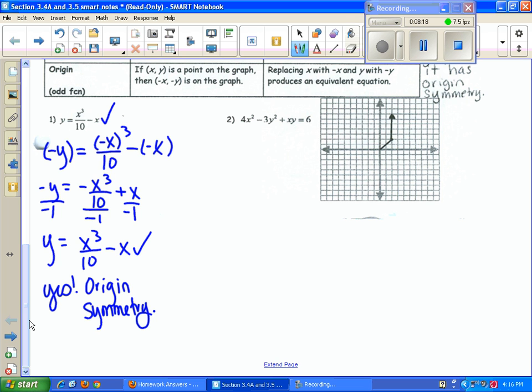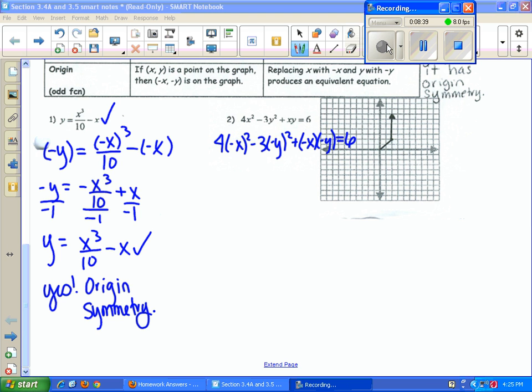So let's go ahead and do number 2. I'm going to do the same thing: replace x with negative x and y with negative y. So this becomes 4, and then negative x squared would just be x squared.